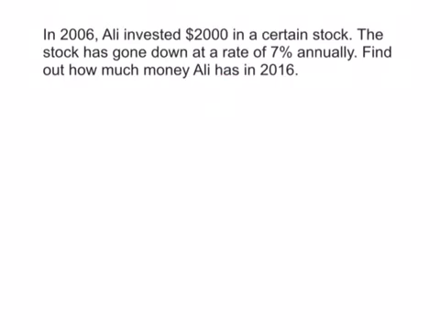All right, let's try this next example. In 2006, Ali invested $2,000 in a certain stock. The stock has gone down at a rate of 7% annually. Find out how much money Ali has in 2016. All right, so y equals A times 1 plus R to the t power.